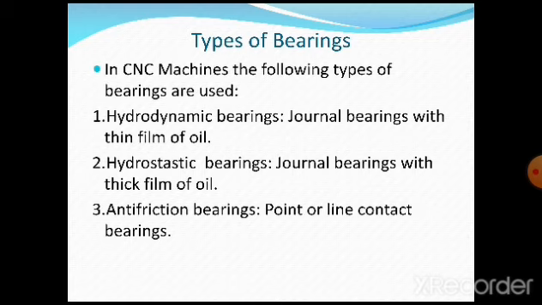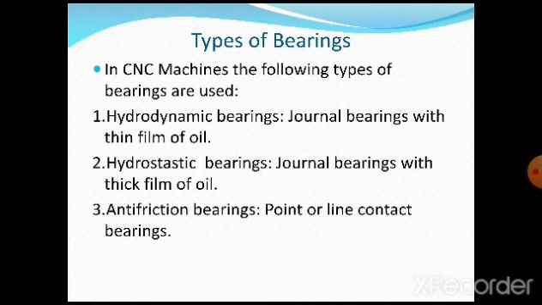We know very well that the spindle is nothing but a shaft which is made to rotate in a supporting device called a bearing. Whatever the annular space is between the spindle and the supporting element, that is provided with a thin film of oil.